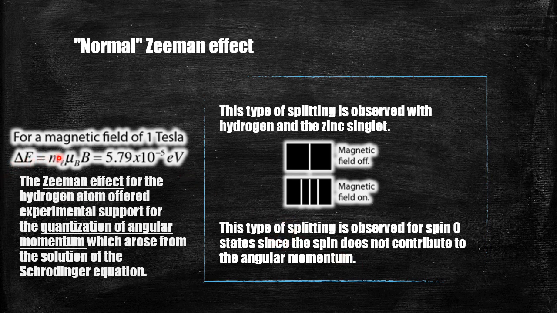For a magnetic field of one Tesla, we calculated del E is equal to ml mu B, and mu B is equal to 5.79 into 10 to the power minus 5 electron volt. The Zeeman effect for the hydrogen atom offered experimental support for the quantization of the angular momentum which arises from the solution of the Schrodinger equation.